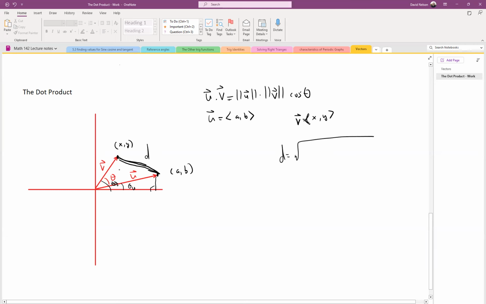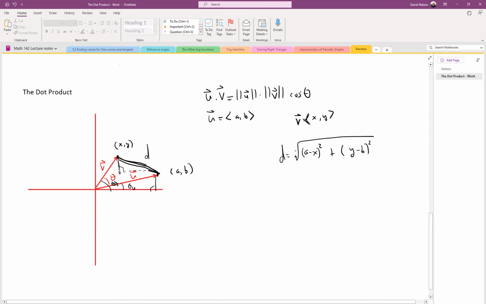So I know that d, I can just use the distance formula. If you look at turning this into a right triangle, I know that the horizontal distance here is going to be something like a minus x quantity squared, plus the vertical distance that we have here is going to be y minus b quantity squared.